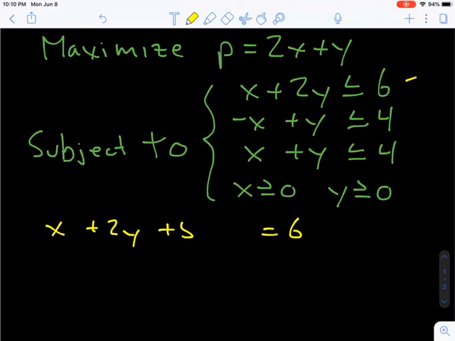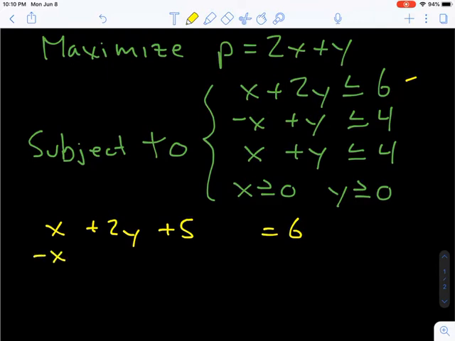If x plus 2y was actually less than 6, and we're changing it to equal to 6, then we would have to add some quantity, s, in order for it to be equal to 6.